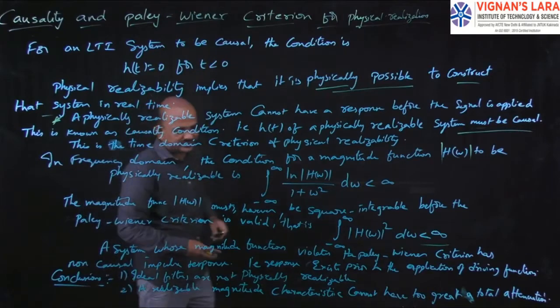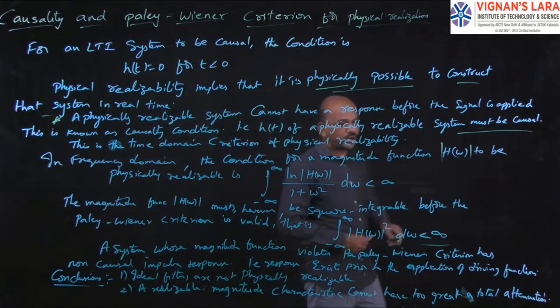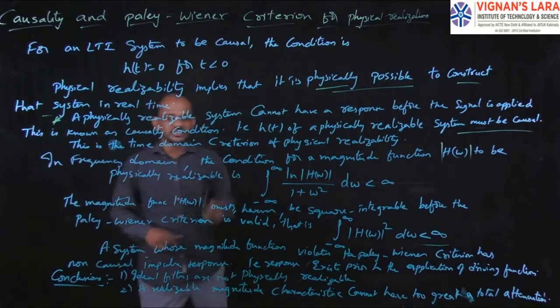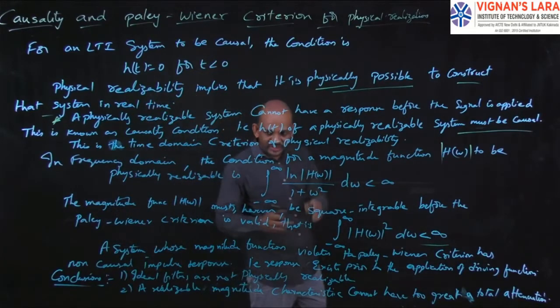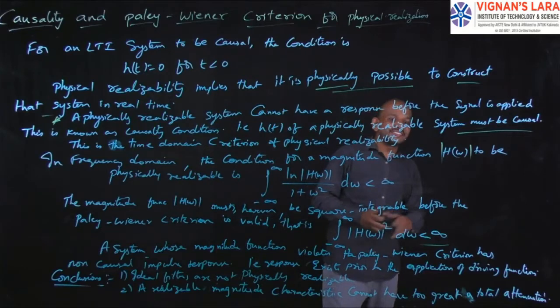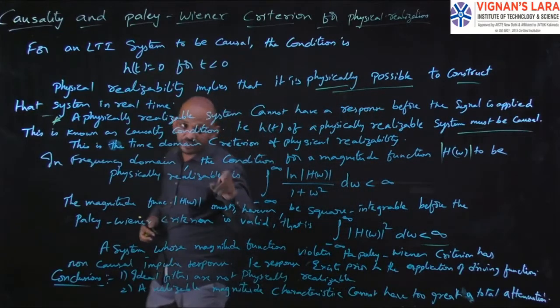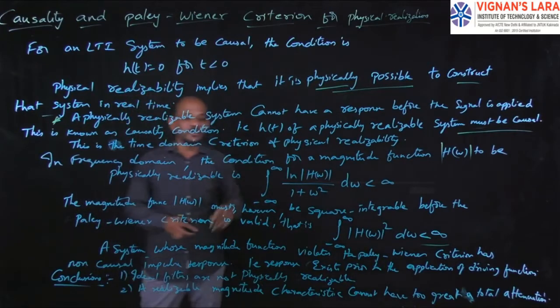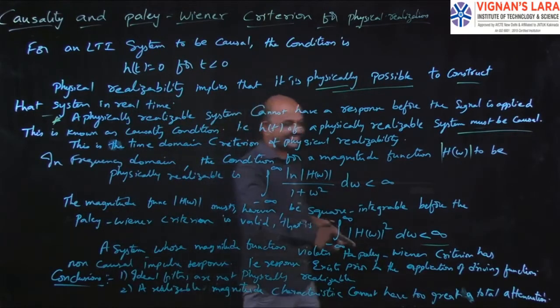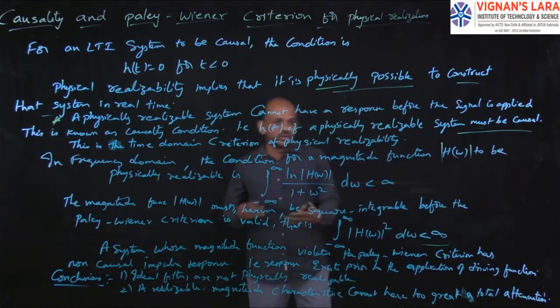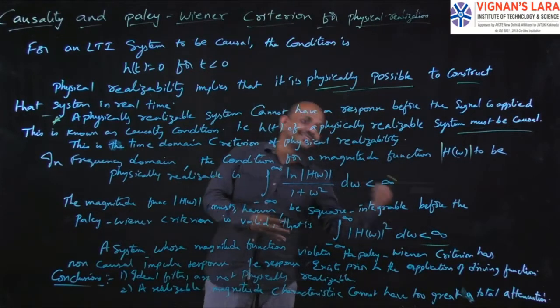And finally, a system whose magnitude function violates the Paley-Wiener criterion has a non-causal impulse response. Non-causal impulse response means simply that the response exists prior to the application of the driving function, that is, the output will be available before the input is applied.